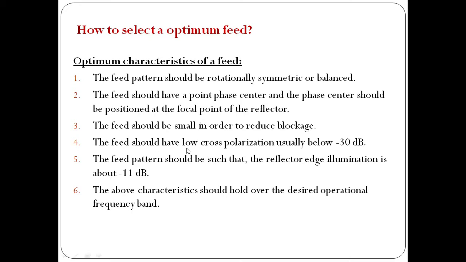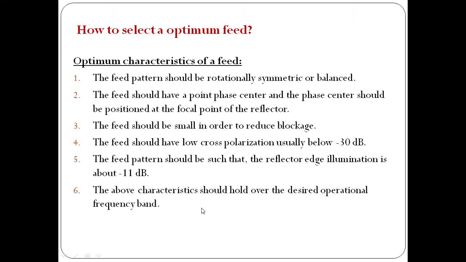The feed should have low cross polarization, usually below minus 30 dB. So any feed you take, if it is said to be optimum, should have low cross polarization, usually below minus 30 dB. It is acceptable. And the feed pattern should be such that the reflector edge illumination is about minus 11 dB.